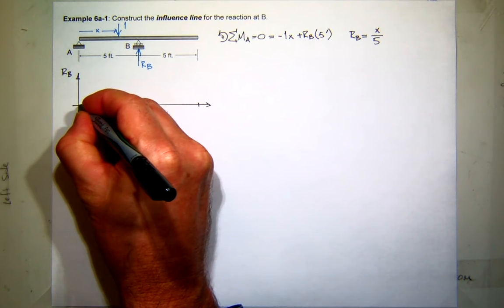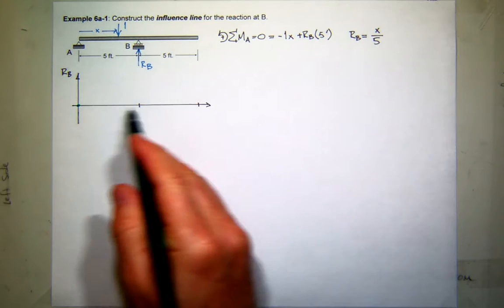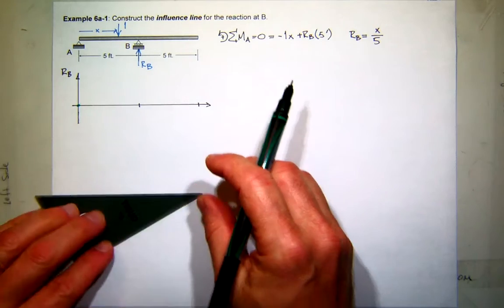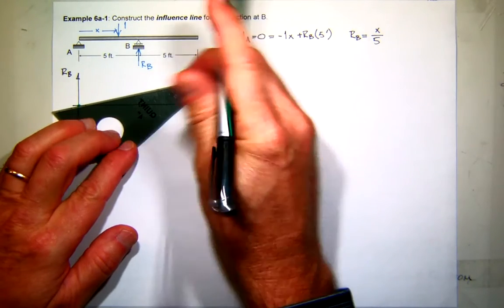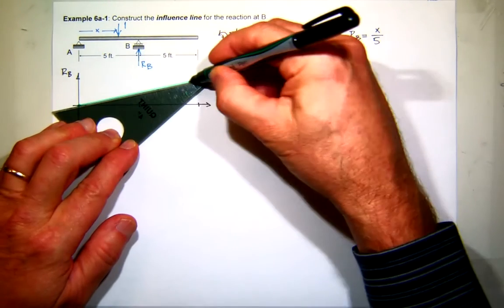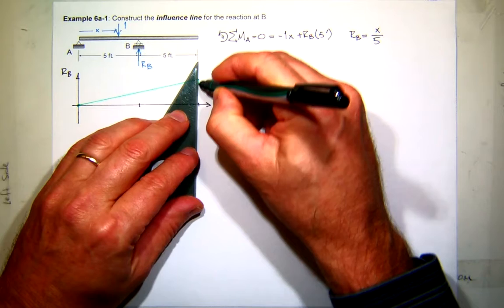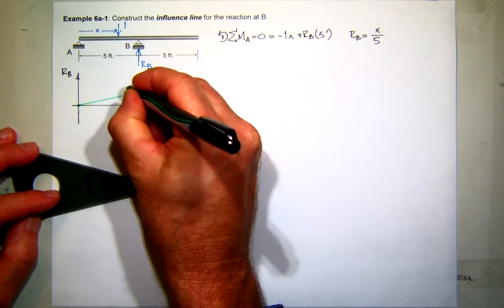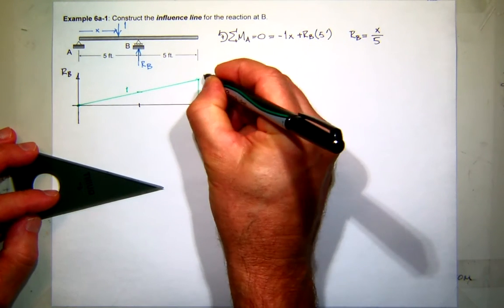It's 0. When x is equal to 5, what do I get? 1. And when x is equal to 10, I get 2. That is a straight line. So this would have a value of 1 and an ultimate value of 2.